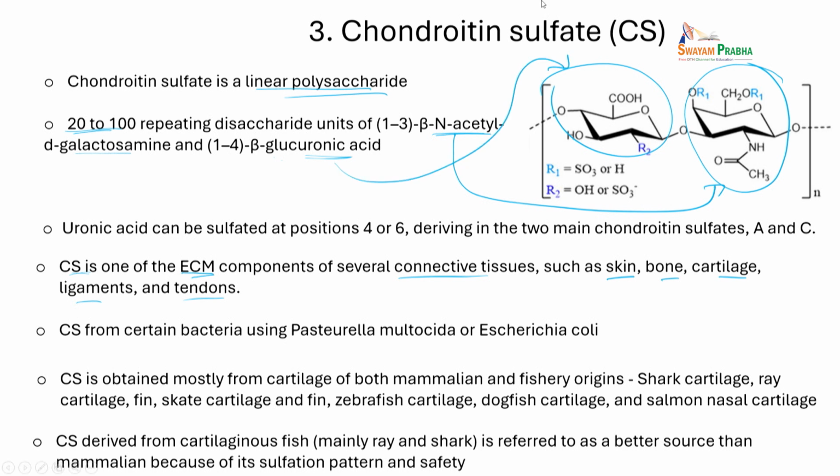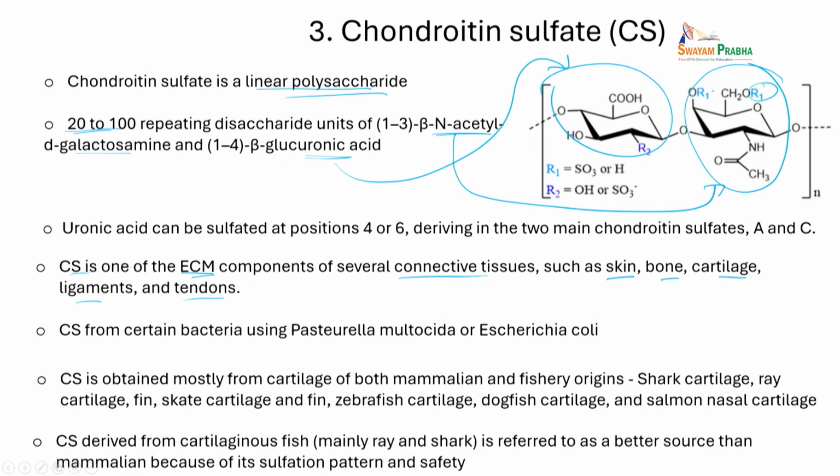So the dimer made up of glucuronic acid and N-acetyl galactosamine forms the repeating unit, and you have 20 to 100 such repeating units to get chondroitin sulfate. Sometimes the N-acetyl galactosamine can be sulfated, especially at position 4 and 6. Depending upon whether it is sulfated at 4 or 6, you have two types, type A and type C.